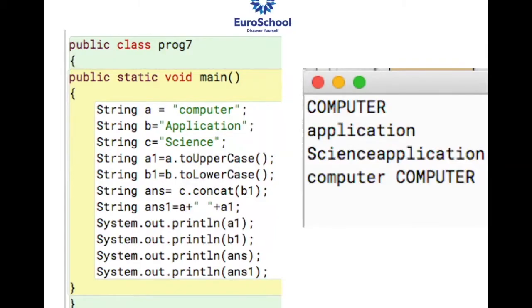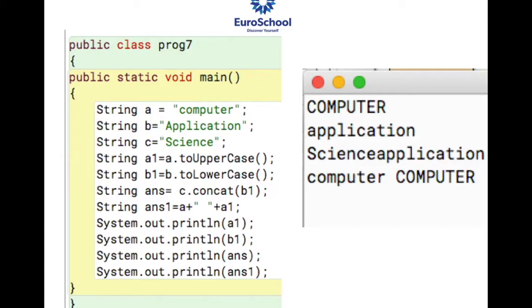Mehak. Yes, ma'am. Okay. Mehak, if you see in ANS1, the variable over here. 1 second. My mouse. Yeah. If you see the ANS1 equals A plus, there's a blank space, plus A1, correct?